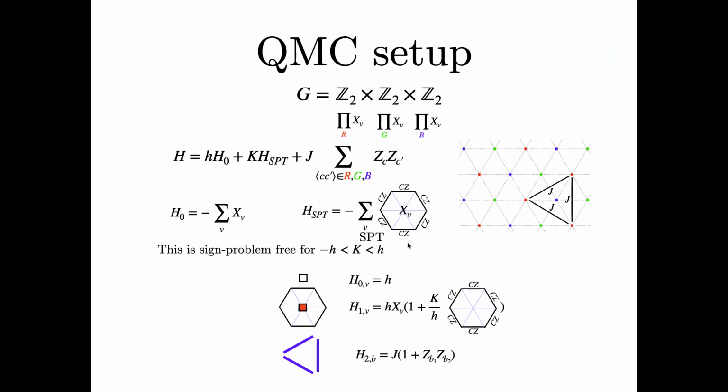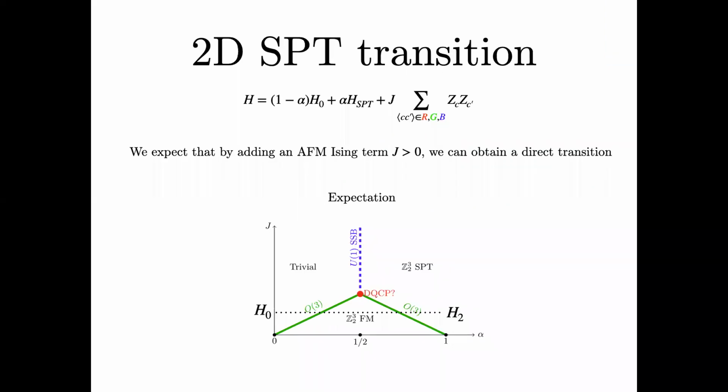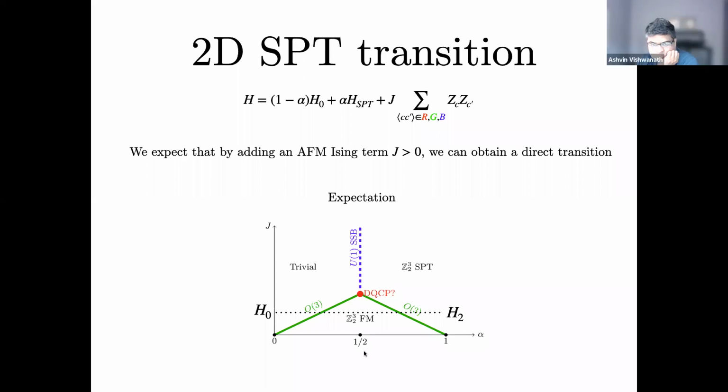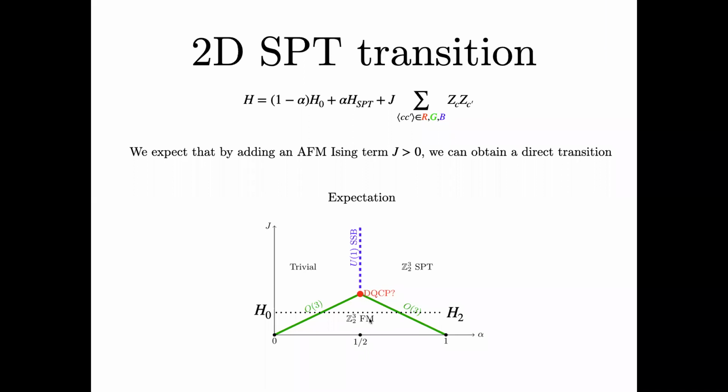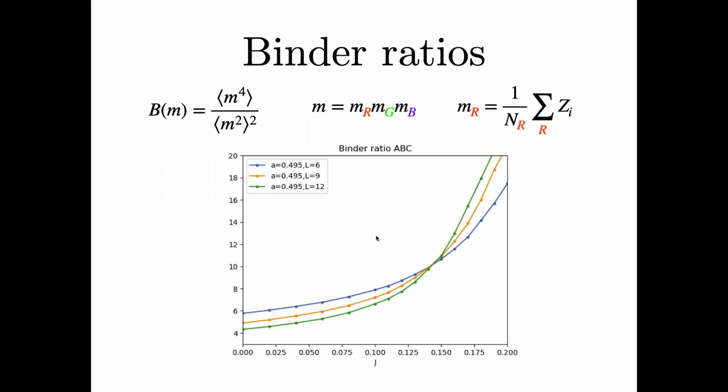Right. So the expectation is that if you add an antiferromagnetic term J, then you can leave the ferromagnetic phase, and there might be a direct transition between trivial and SPT. The way we determine the transition is by calculating the Binder ratios for different system sizes.